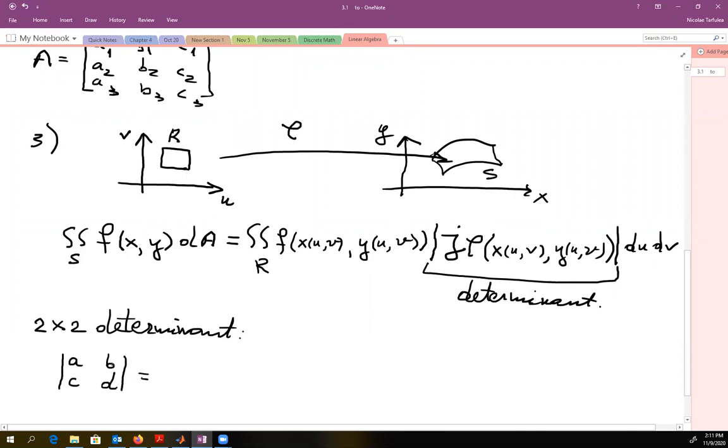Do you remember what this is? Yes, Jacobian, from Jacobi. Maybe it's my pronunciation.